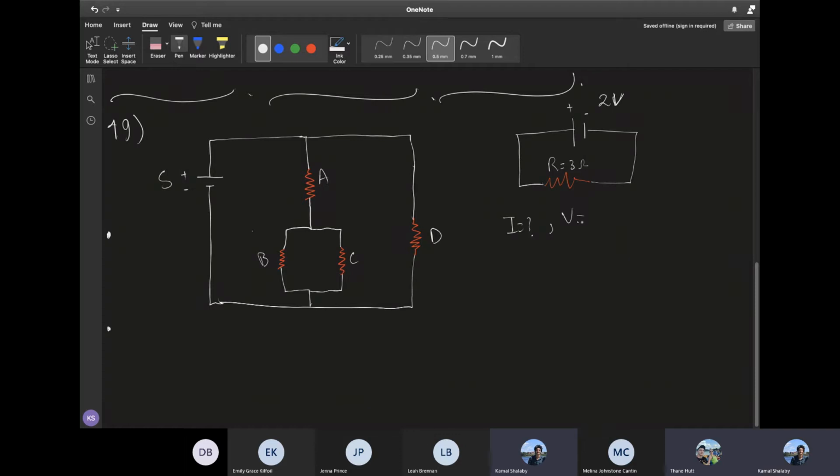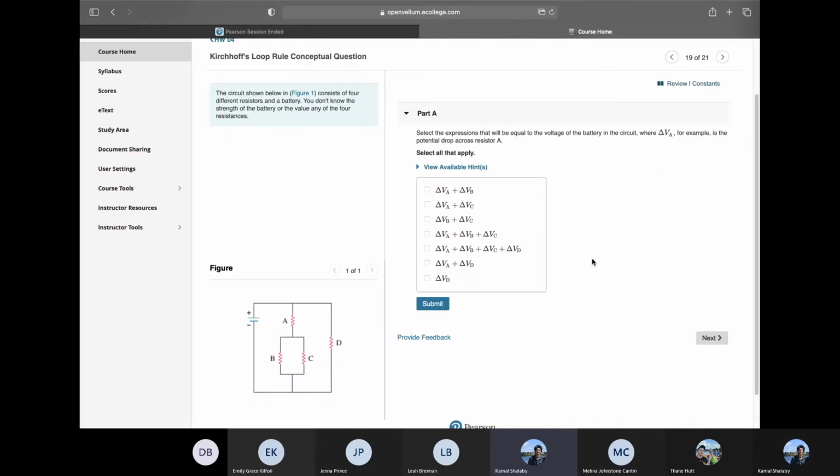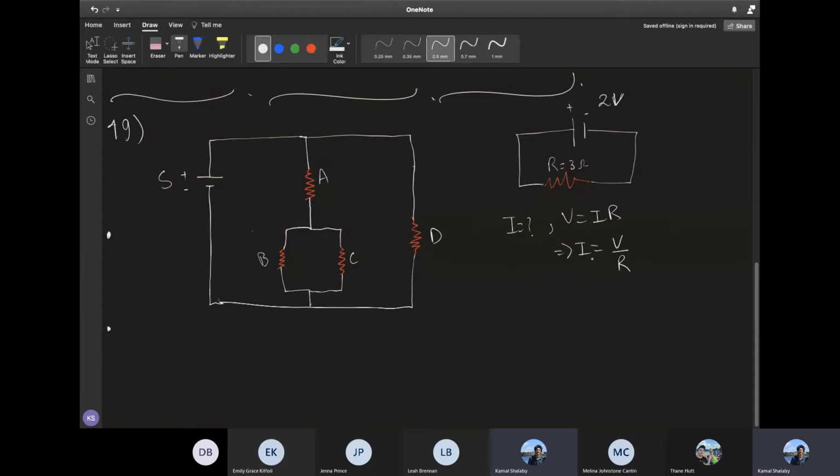Yeah, because V is equal to IR, so that means that I is equal to V over R. So that would just equal 2 over 3, which is 0.66666 ampere.